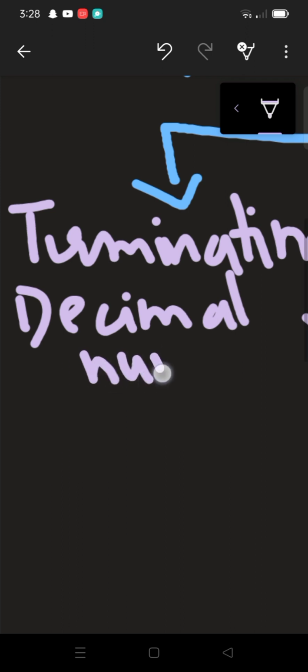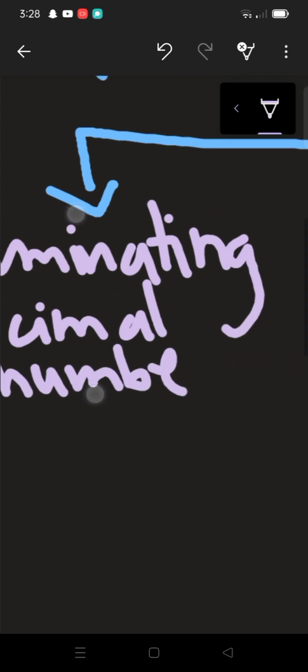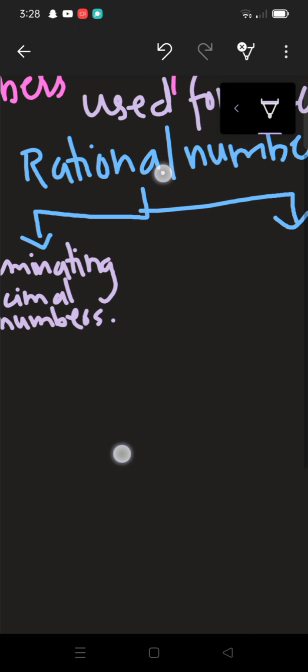They can either be terminating decimal numbers or they can be recurring decimal numbers.